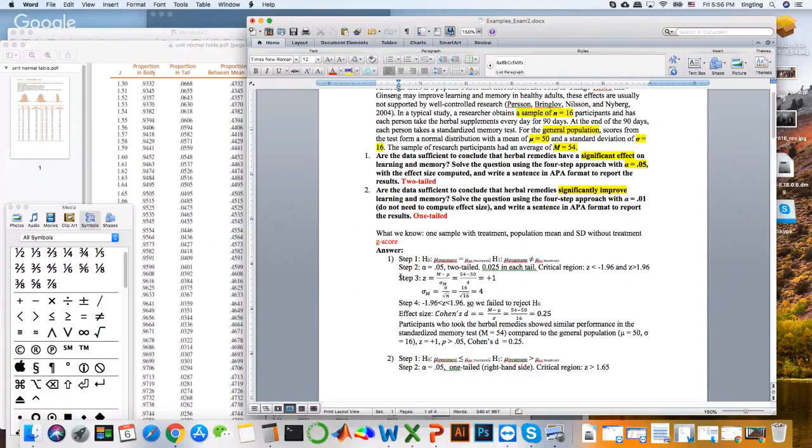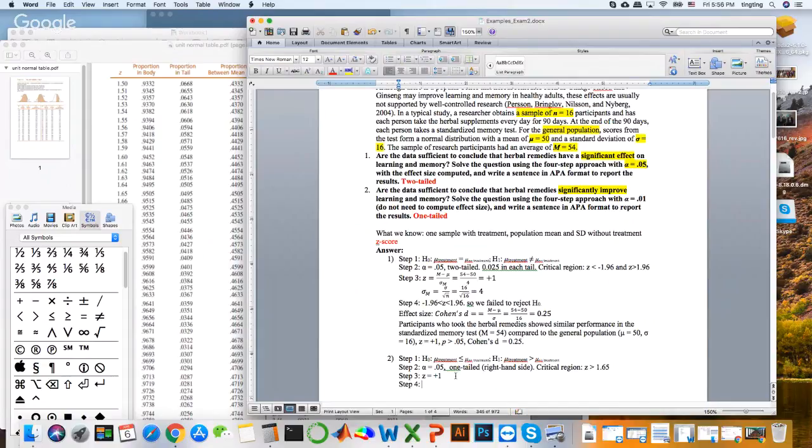In step 3, we don't need to compute the z-score again because the z-score will not change. So we know the z equals +1.